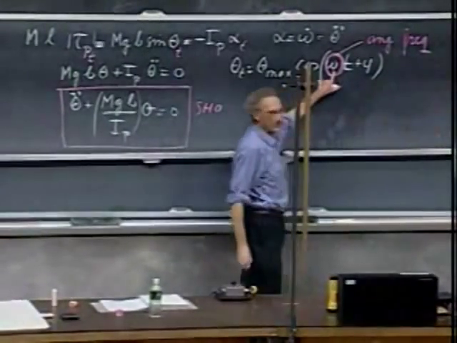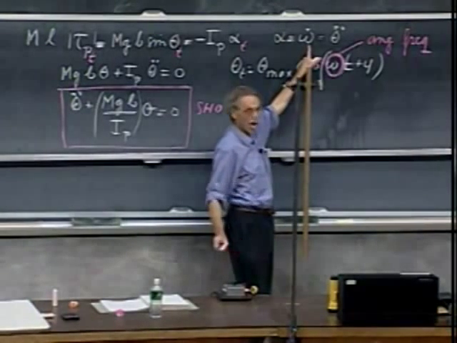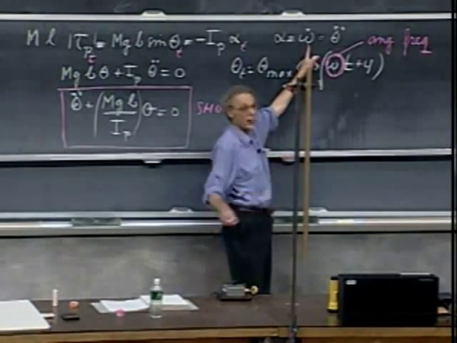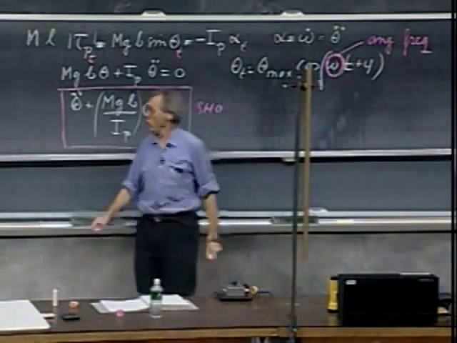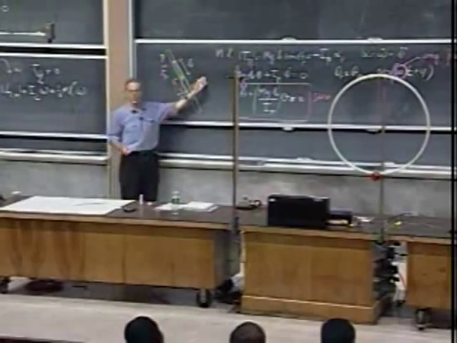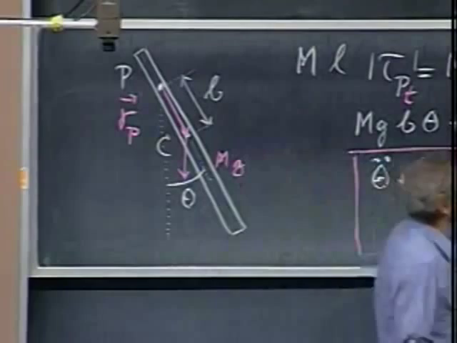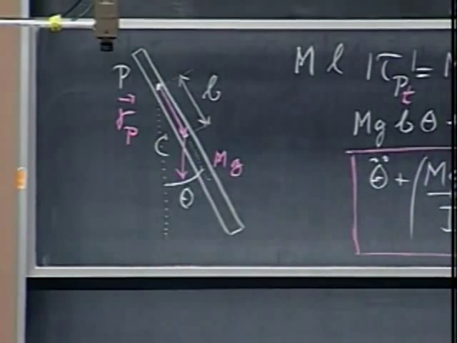This will never change. That's related to the period of oscillation. This is changing all the time. The theta dot is changing all the time. When the object is here, the theta dot has the largest value. When the object stands still, the theta dot is 0. So the angular velocity is changing with time, but this omega is a constant.